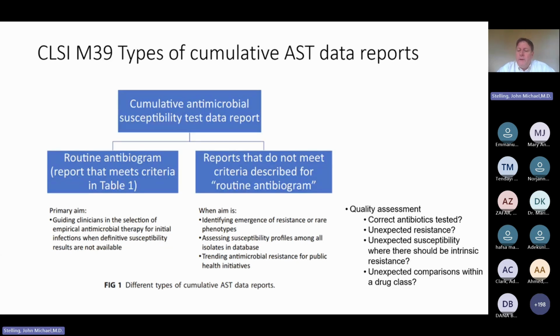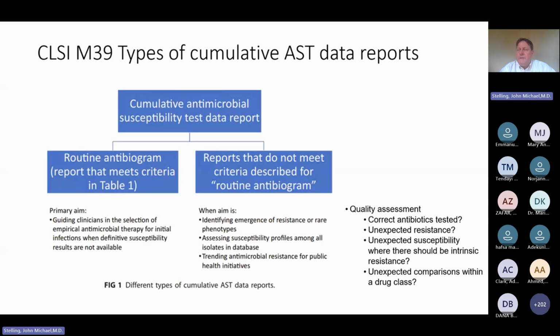Okay. And then finally, unexpected comparisons within a drug class. For example, if I have E. coli 30% resistant to ampicillin, 50% resistant to amoxicillin clavulanic acid, that doesn't make sense.